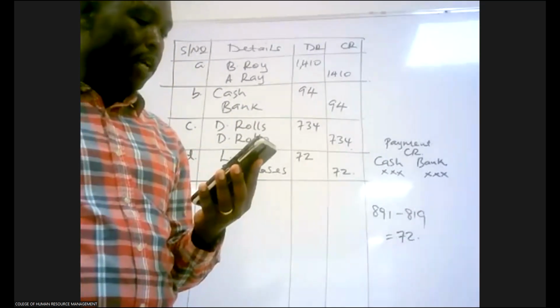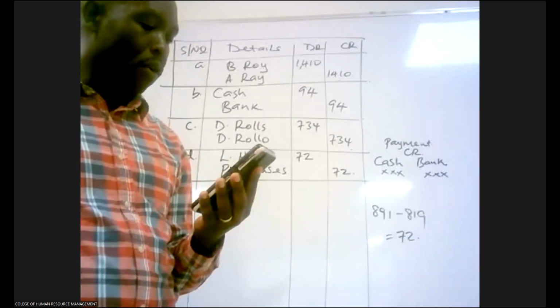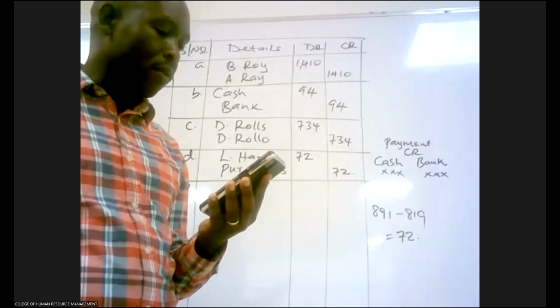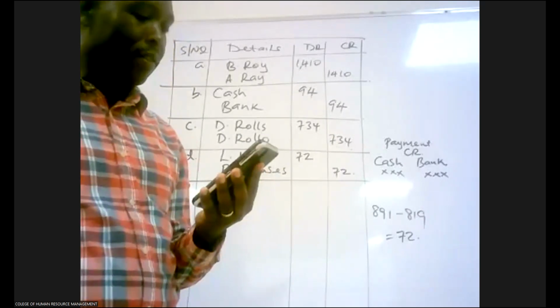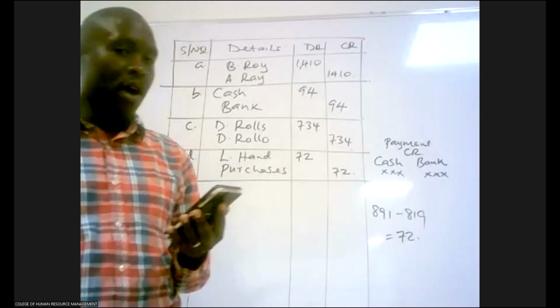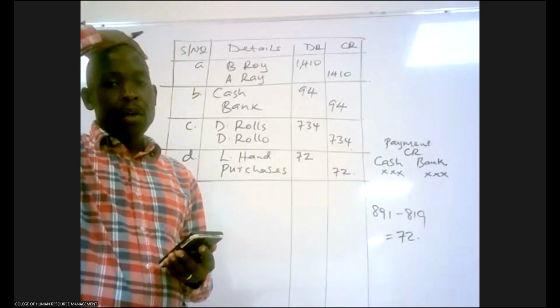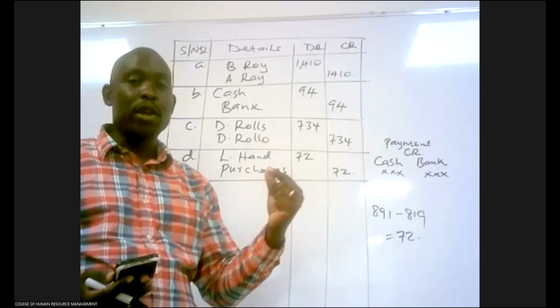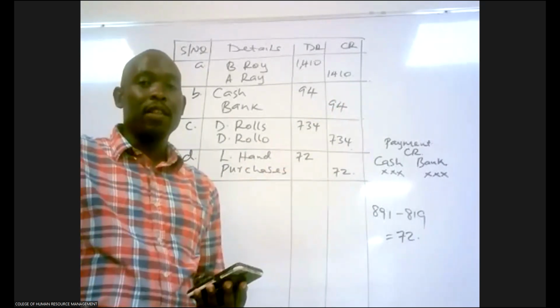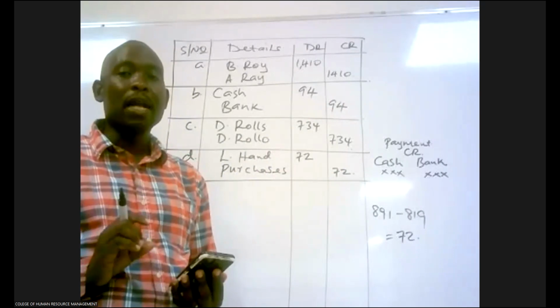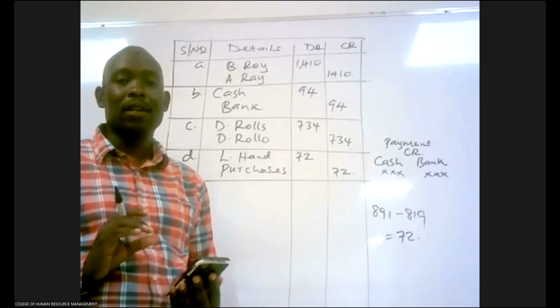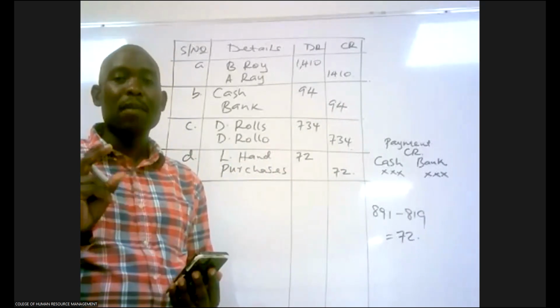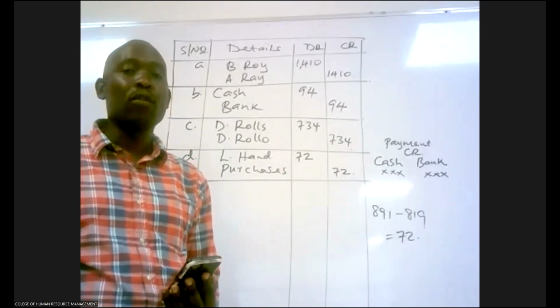E, cash paid to G Boyd 64 entered on the debit of the cash book and the credit side of G Boyd. So you need to ask yourself again here. When you are purchasing, you debit purchases, you credit the supplier. But when you are paying the supplier, remember this supplier was credited at the point of purchase.